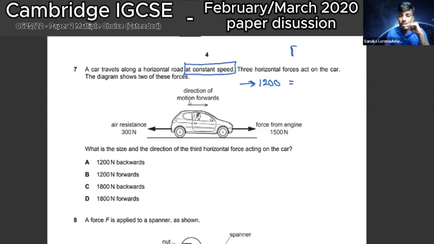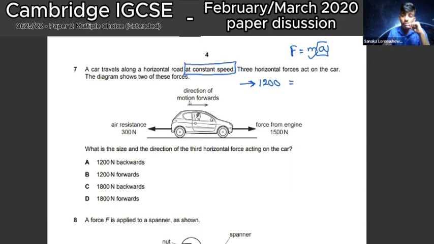What is the equation of force? F equals ma. Then the car has a mass already. Then it has an acceleration. It means it is not going at constant speed.